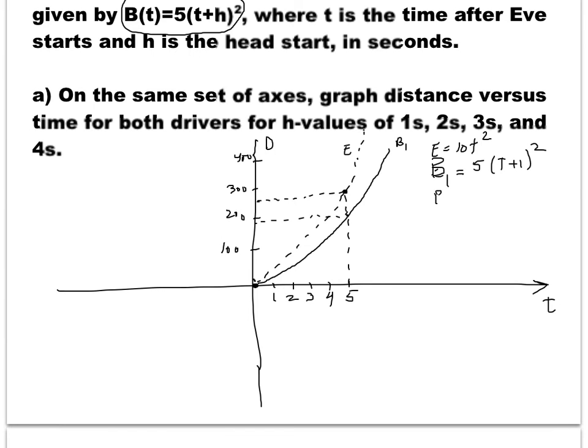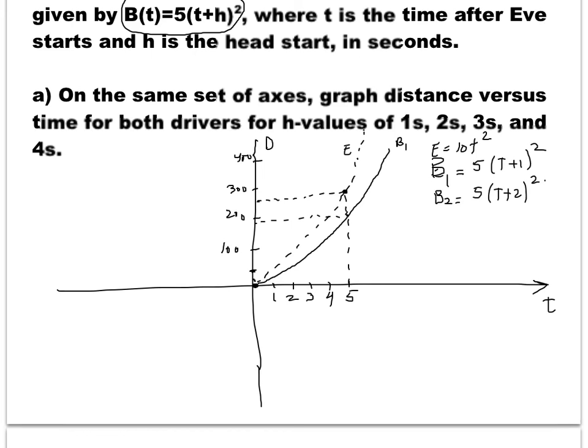Now let's plot roughly B2, which is 5 times (t plus 2) squared. Again, when t is equal to 0, you get 0 plus 2 is 2. 2 squared is 4. 4 times 5 is 20. So it's going to be somewhere around here, the start point. And then when t is 5, we are going to have 5 plus 2 is 7. 7 squared is 49. 49 times 5 is 245.